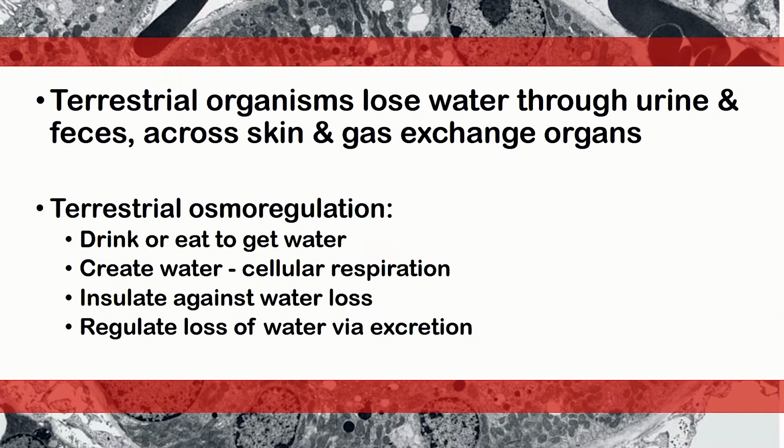In the case of terrestrial animals, the way in which they're gaining water is, well, they drink water, and also they get water from their food. Recall when we were talking about cellular respiration, one of the products of cellular respiration was water.